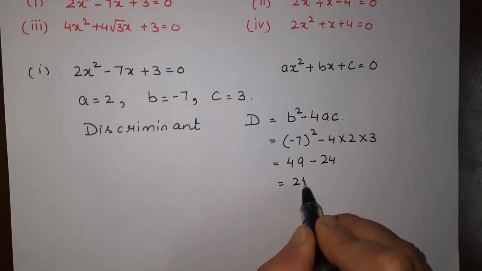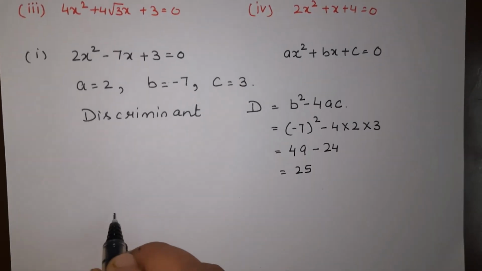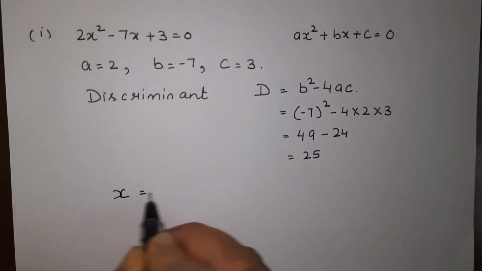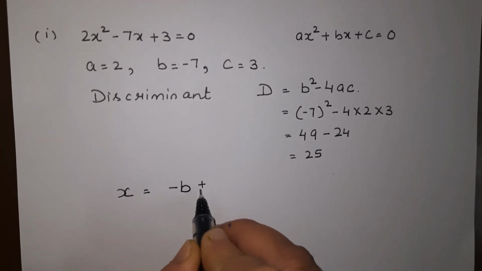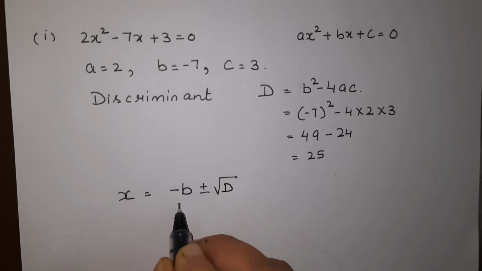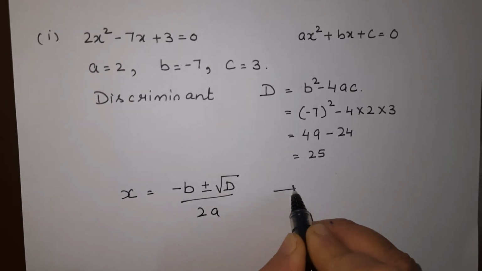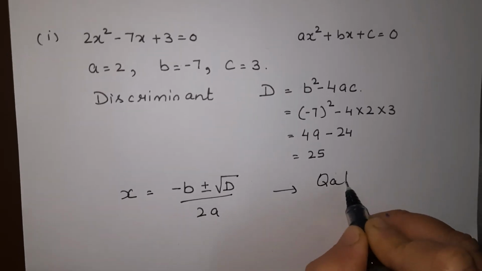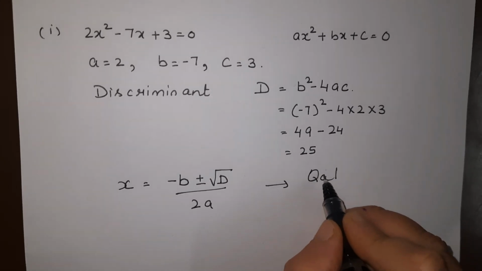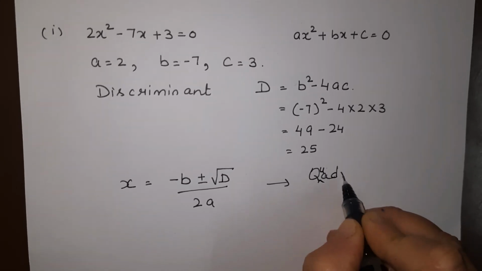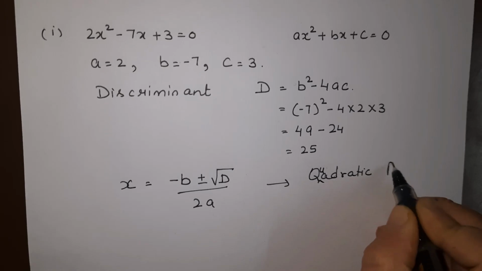So this is 25. Now we have a quadratic formula where x is given by minus b plus minus root of D over 2a. This is known as the quadratic formula.